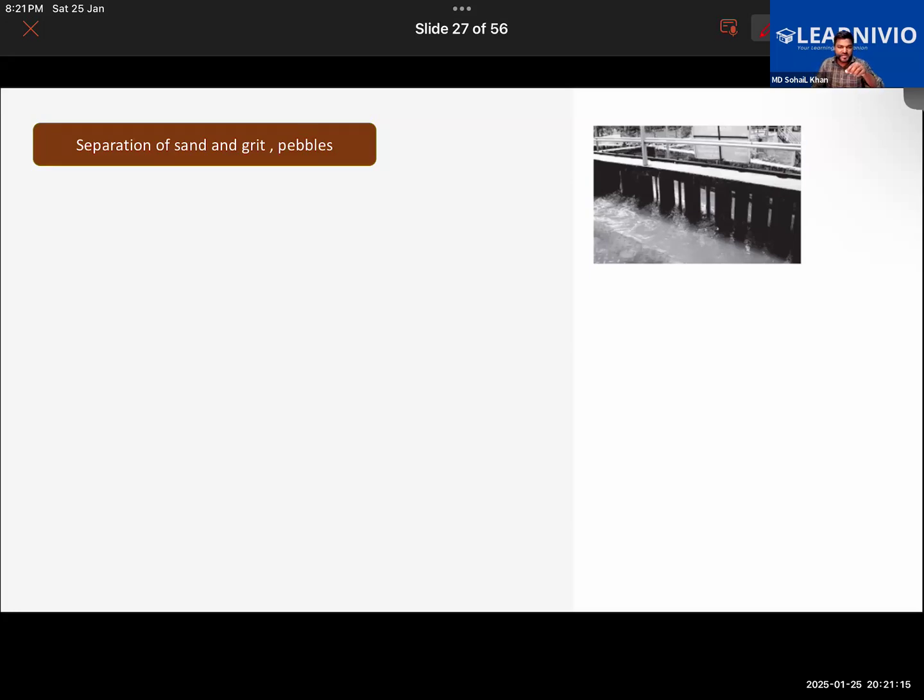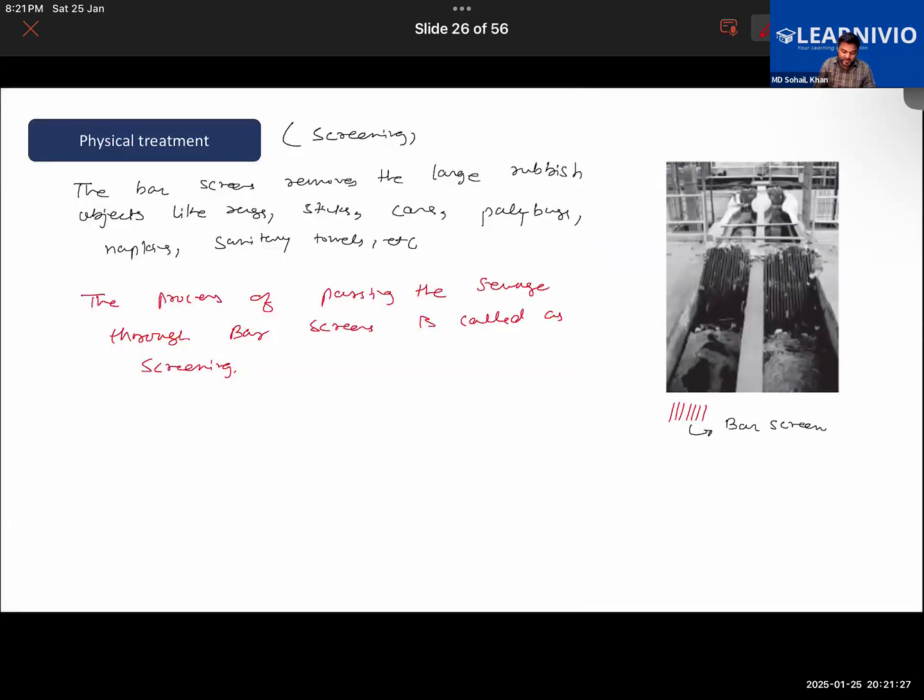Getting it now? So if grit, sand and pebbles are present in the water, they will be removed also. That is also part of the physical treatment, because we're not using any kind of chemicals or microorganisms in this one.